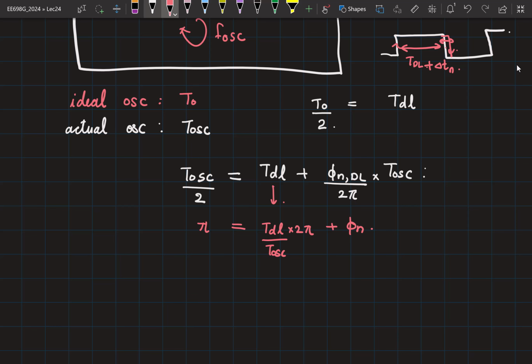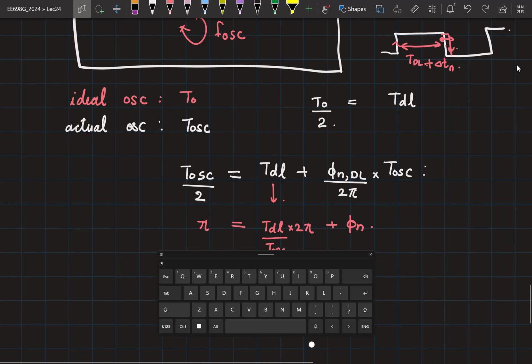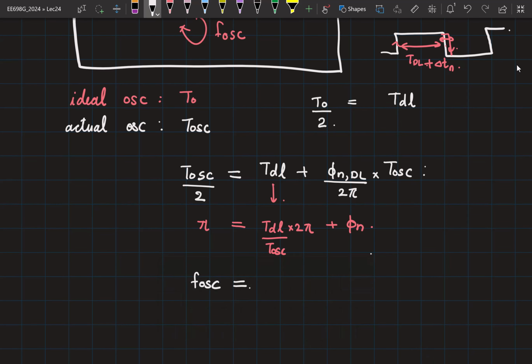Now can you give me a relationship between F oscillation and F naught? So give me what is F oscillation equal to, in terms of F naught and phi n. What is this?